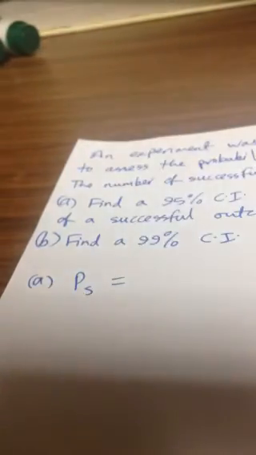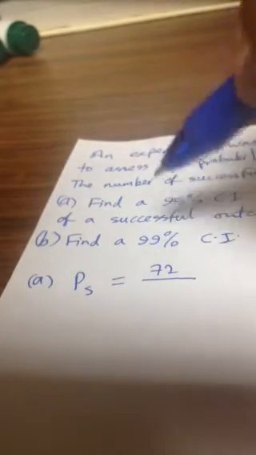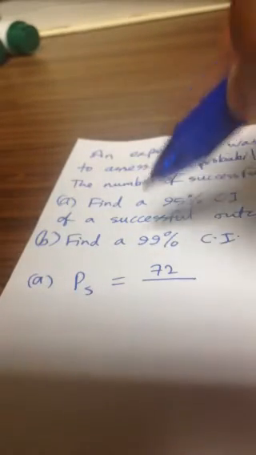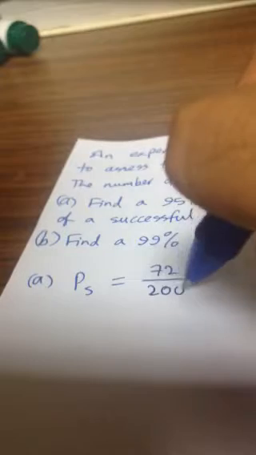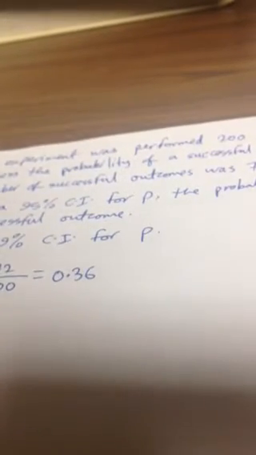That is equal to the number of successful outcomes, which was 72, divided by the total number of possible outcomes, in other words, the number of trials, 200. 72 over 200 is 0.36. So our sample proportion for the successes is 0.36.